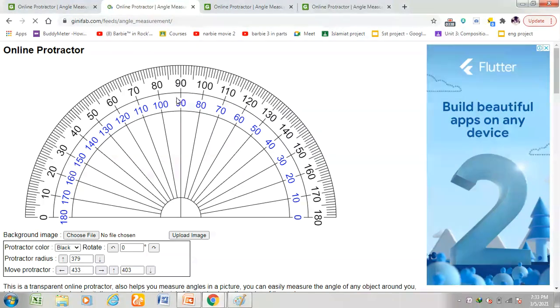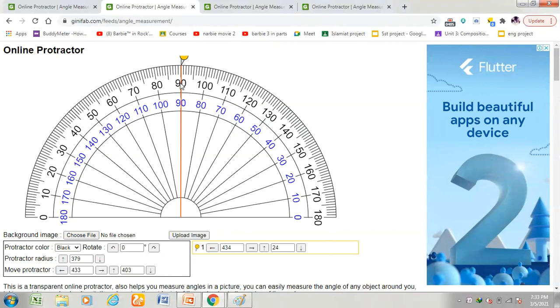Here is 90 written and upper is also written 90. Now what will we do? I have told you that this whole upper part is useful and this is not useful for us now. This upper part helps us find the angle. See, 90-degree.